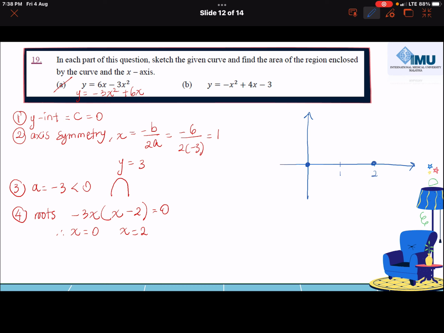So let this be your root as well as the y-intercept where it passes through the origin. Now, what will be the axis of symmetry? Axis of symmetry happens at x equals 1. When your x equals 1, your y equals 3. So you have another coordinate here, which is your turning point.